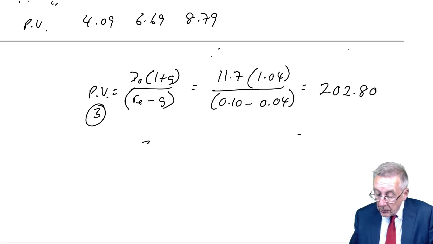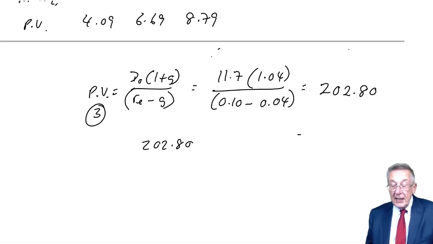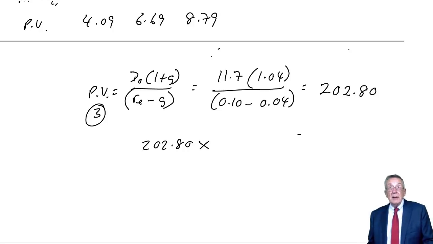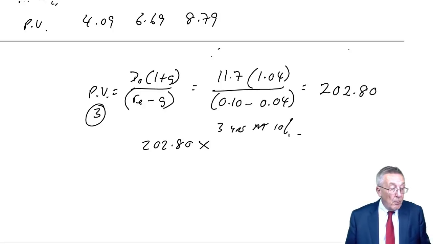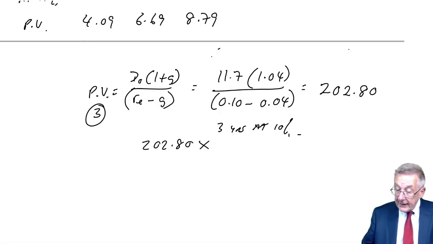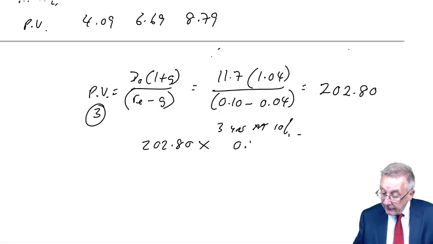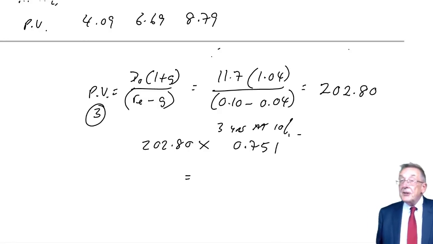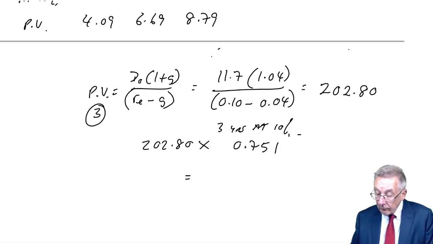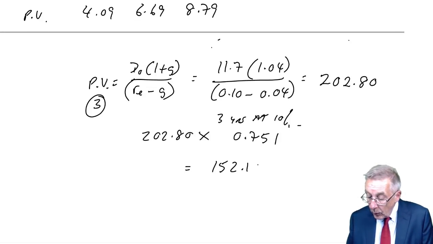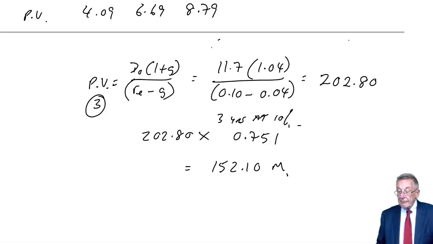Well, we take the 202.8 in 3 years. To get to 0, we discount for 3 years at the cost of capital of 10%. And the 3-year factor, well, we already had it, at 10% is 0.751. So the present value is £152.1 million. So there's the present value of the 4 to infinity.